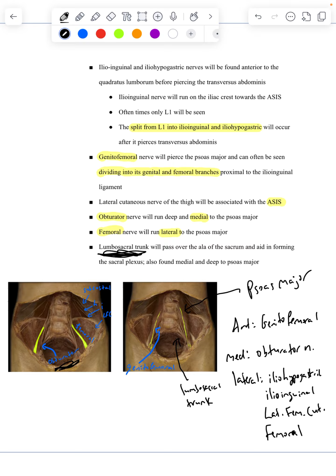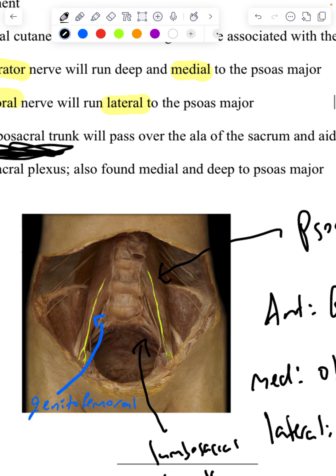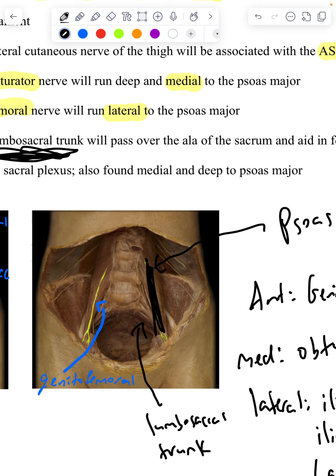So if you start with your psoas major, the big nerve going down into your thigh, remember, big thigh bone is femur. This right here is your femoral nerve. So lateral to it, that provides just skin sensation to the side, is going to be your lateral femoral cutaneous.